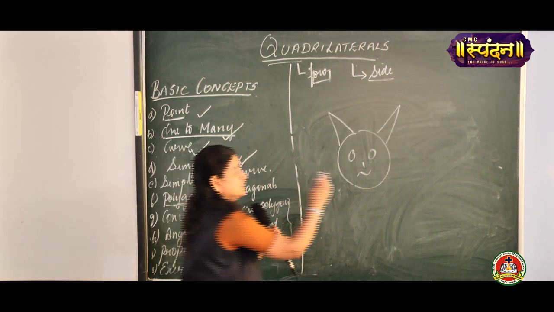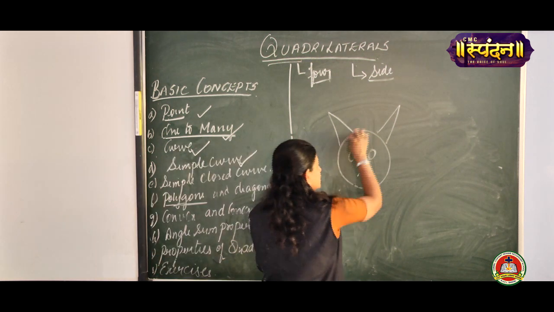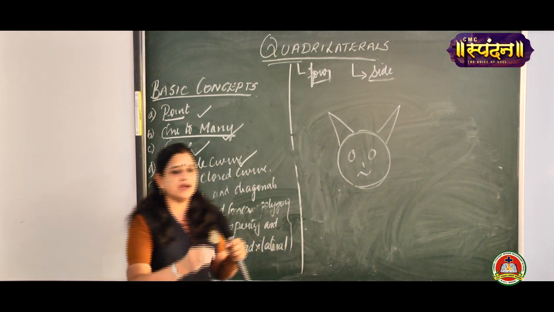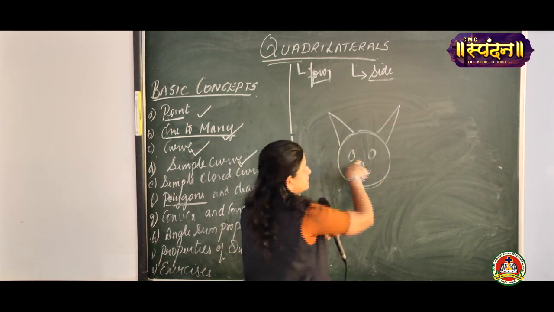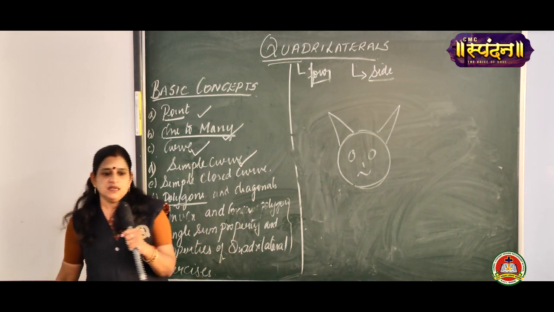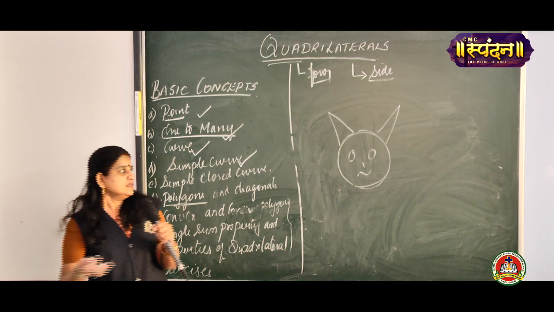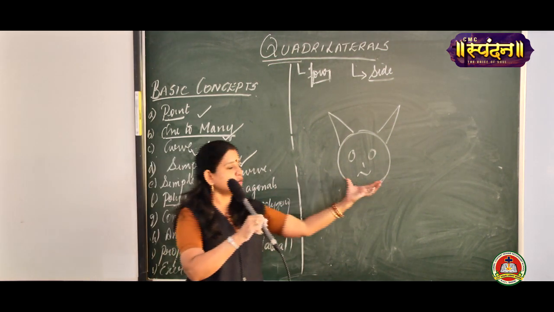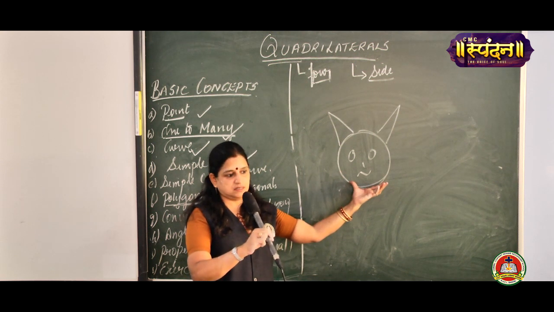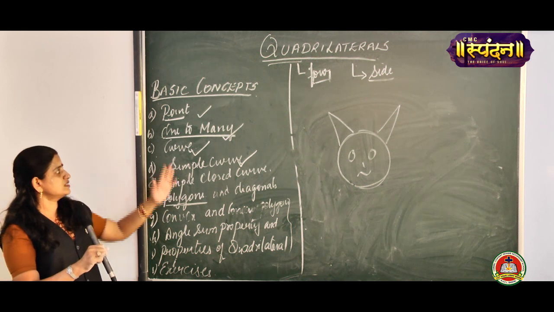Yes, this figure is not a curve because after drawing the circle, I am lifting the pencil to draw these eyes, ears and any other part. So whenever I lift the hand, then that figure is not called a curve. So I cannot call this figure a curve. So you should understand the difference. All these topics you should understand.